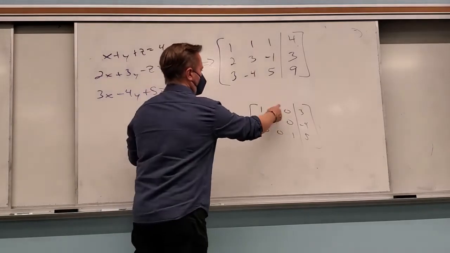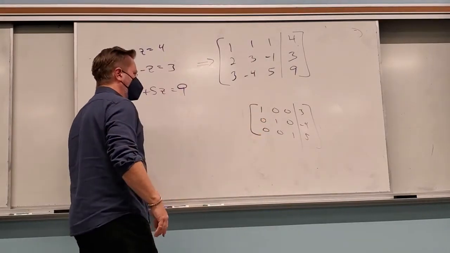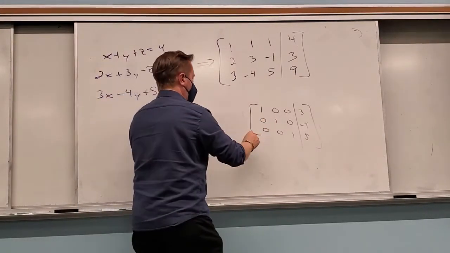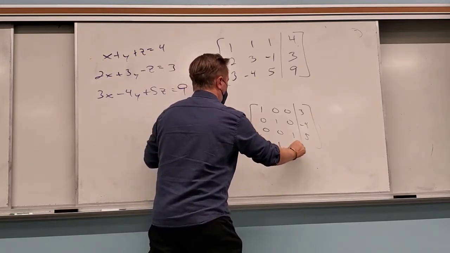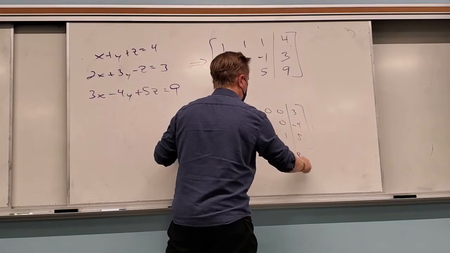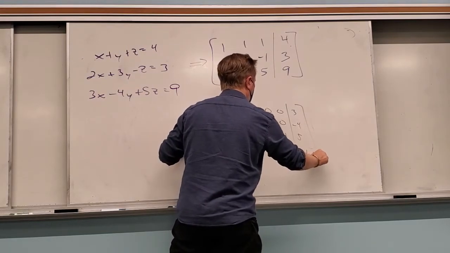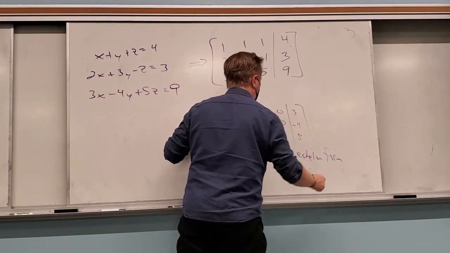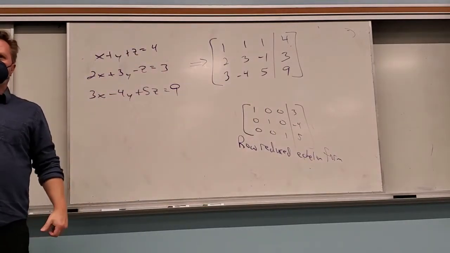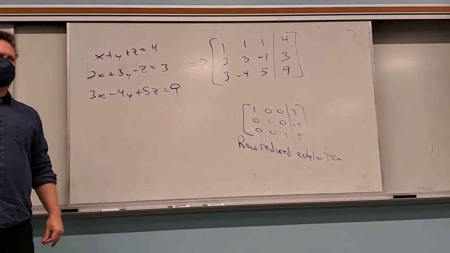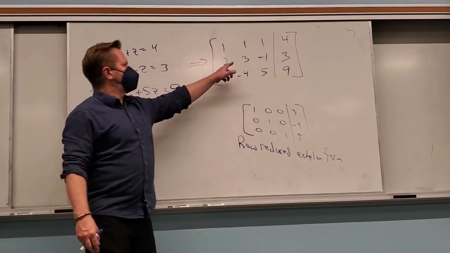This here is called row reduced echelon form. I don't care about the name that much. So, do you see how this has kind of been reduced?